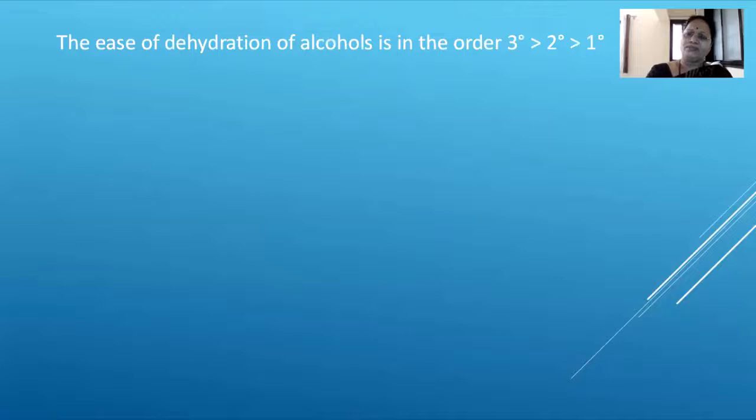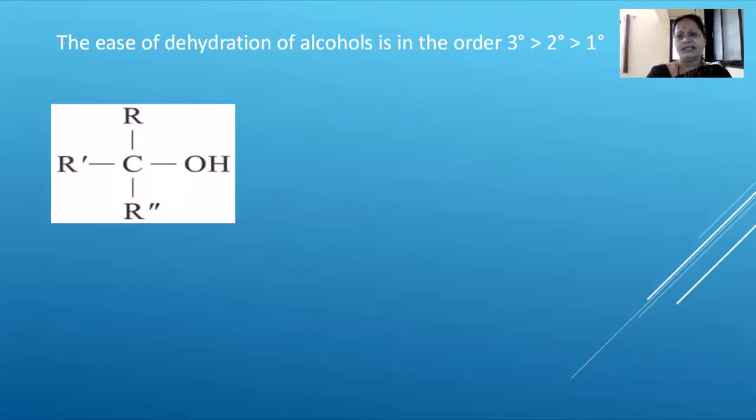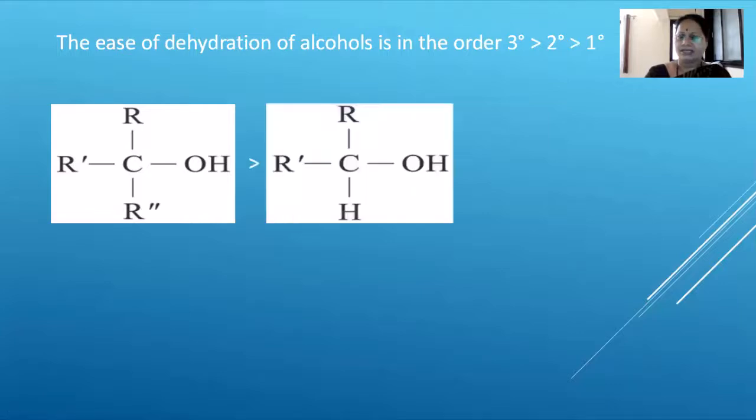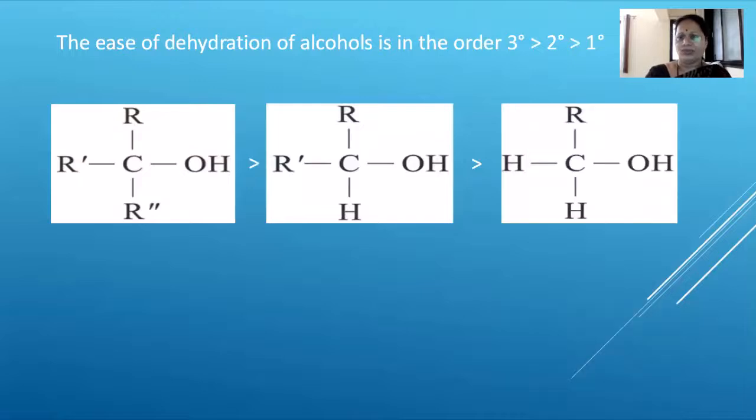Then again here, the order of dehydration. In case of alcohols, tertiary alcohols are dehydrated more easily than secondary, and secondary are dehydrated more easily than primary. See here the formula for tertiary alcohol, the general formula, greater than secondary alcohol, and secondary greater than primary alcohol.